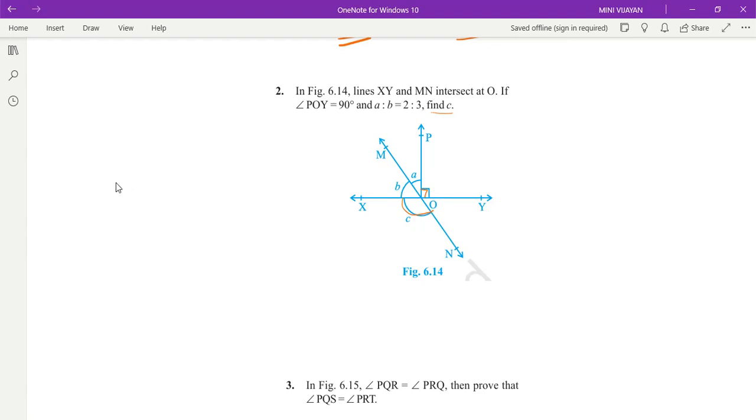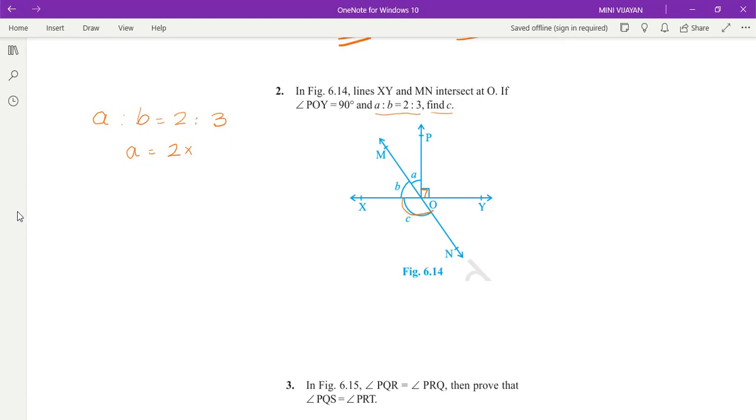Since these two angles are given in the ratio, how can you take the measure of each angle? I explained it in the previous lesson. Given A is to B equals 2 is to 3, the measure of A we can take as a multiple of 2, 2 times any number.